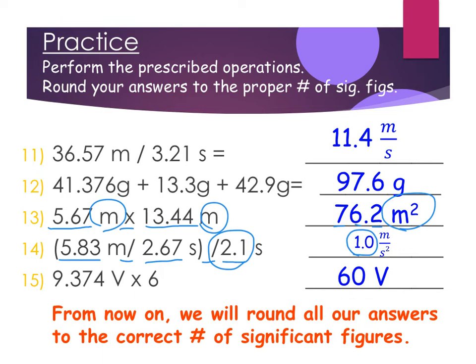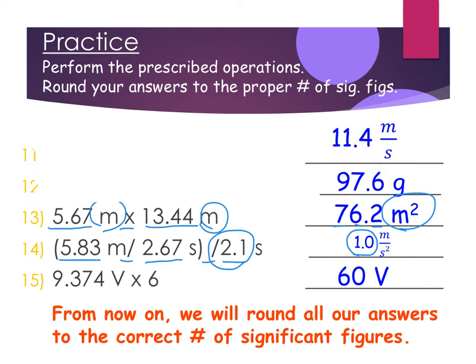The units, however, are a little bit tricky. Let's look at this as if it's just the units. I have a meter divided by a second in parentheses, and then that entire thing is divided by another second. The only way to get a fraction out of a fraction is to use a trick called the reciprocal. So I'm going to put seconds over 1 because putting something over 1 doesn't change it at all.